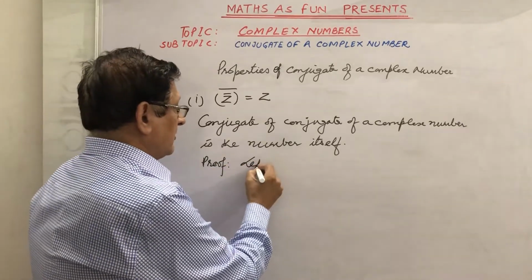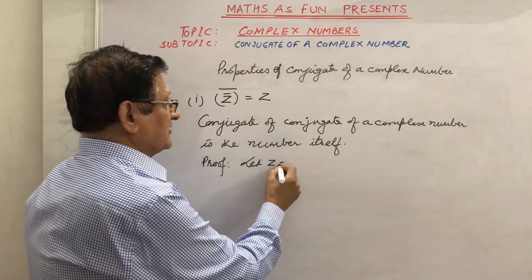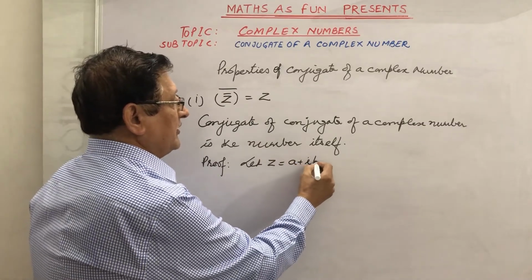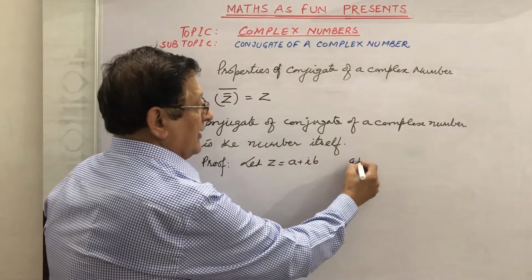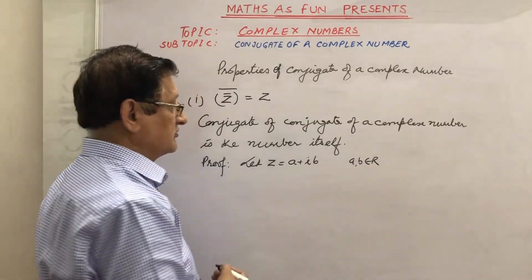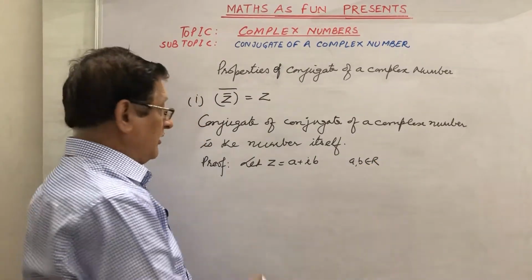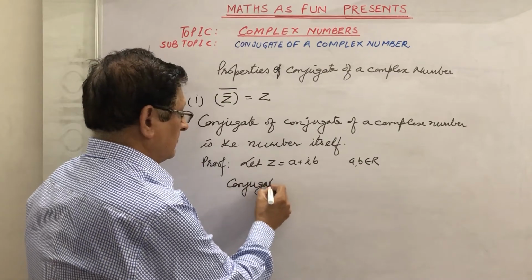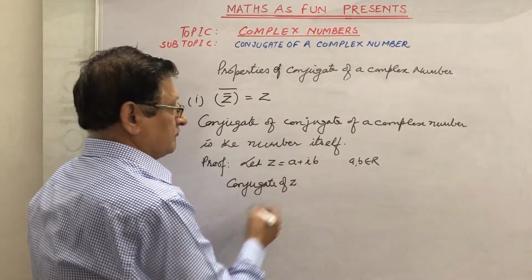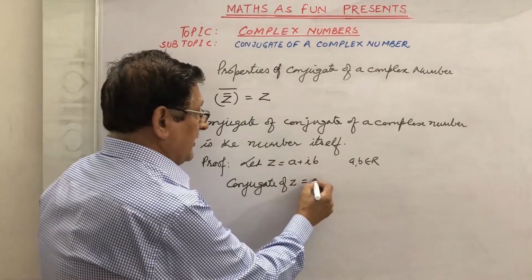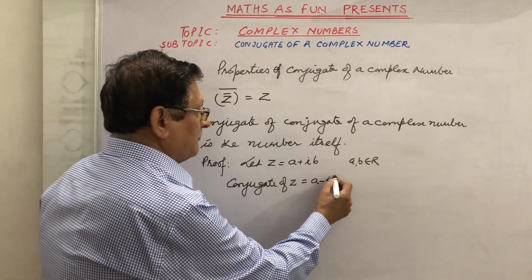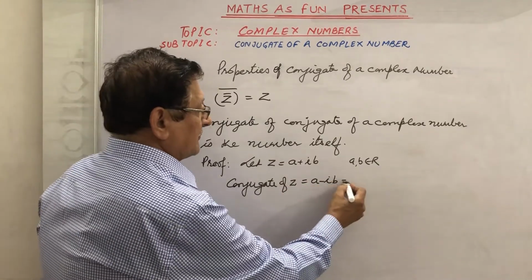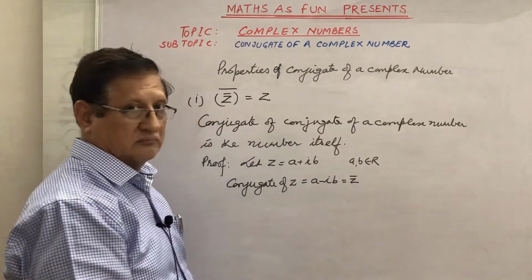Let z be a complex number which is a plus iota b, where a and b are real numbers. If we find the conjugate of z, that will be a minus iota b, and that is represented as z bar.